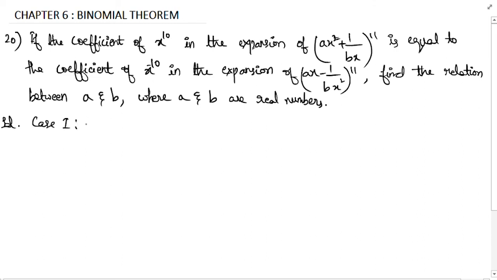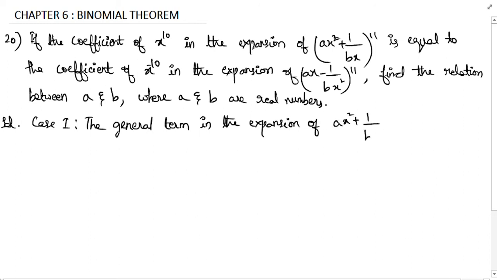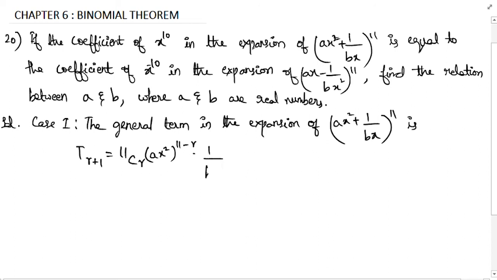Okay, so case 1. The general term in the expansion of (ax² + 1/(bx))^11, which can be written as T(r+1), is equal to 11Cr (ax²)^(11−r) into (1/(bx))^r.